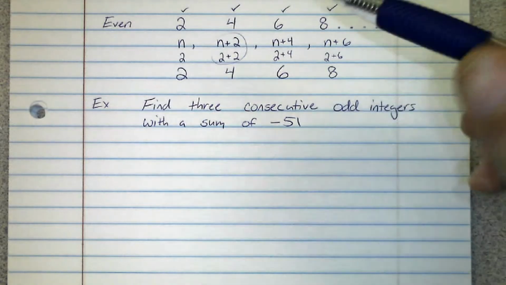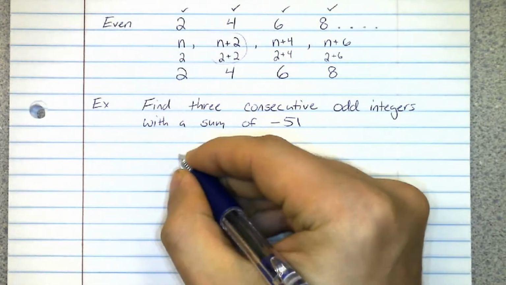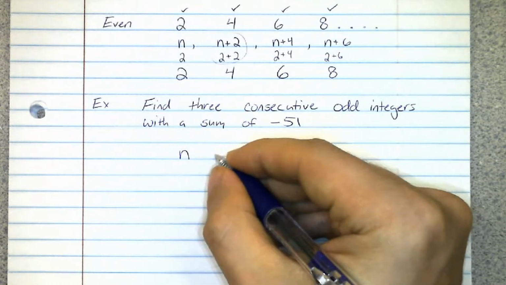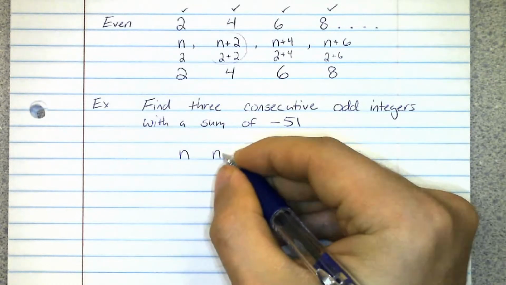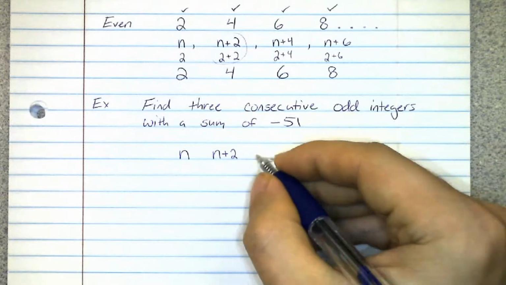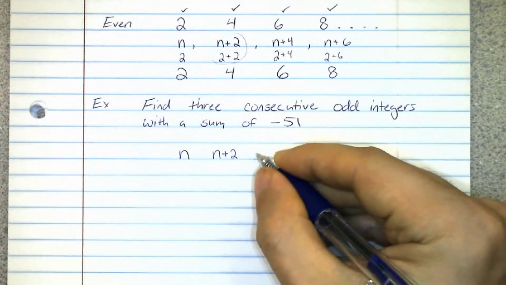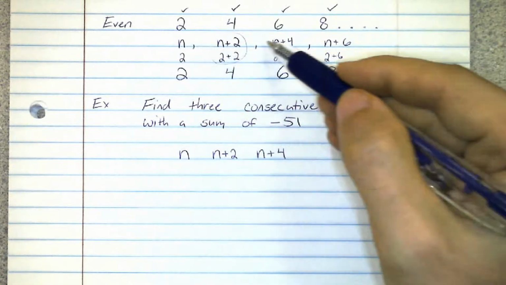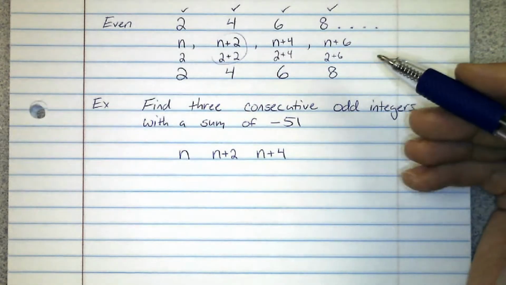But I do know that if the first integer is n, then the second integer must be n plus 2, and the third integer must be n plus 4, from the pattern with symbols that we just spoke about.